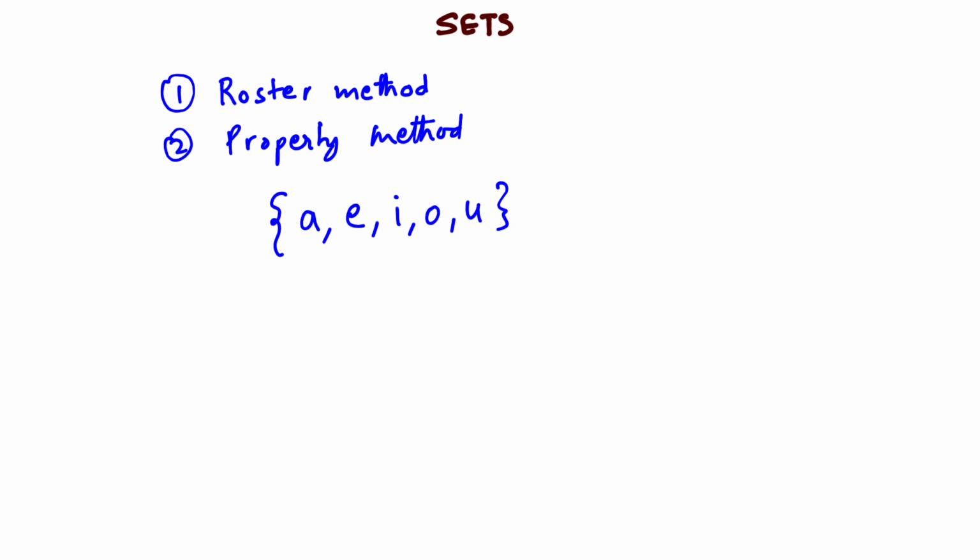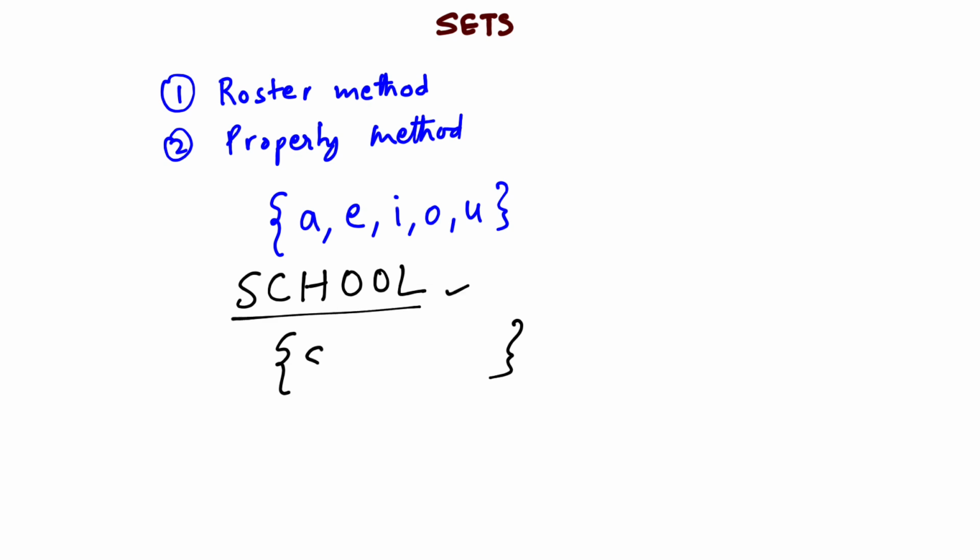Another example for the roster method would be all the letters in the word school. In the roster method, if we have to write that as a set, we will write all the letters of the word school. What letters are there? S, C, H, O, and here you can see O is written 2 times.